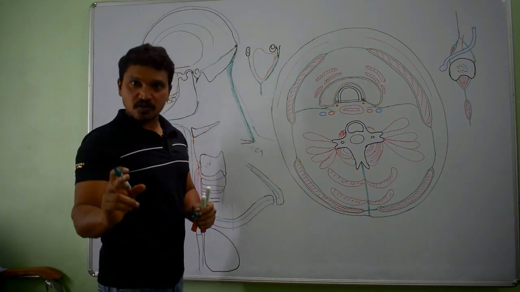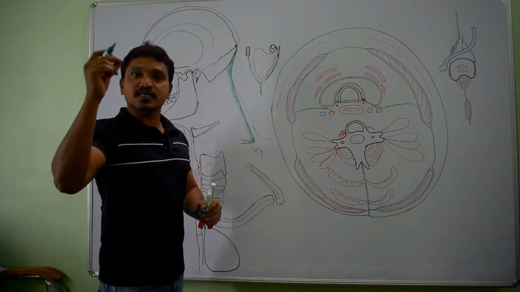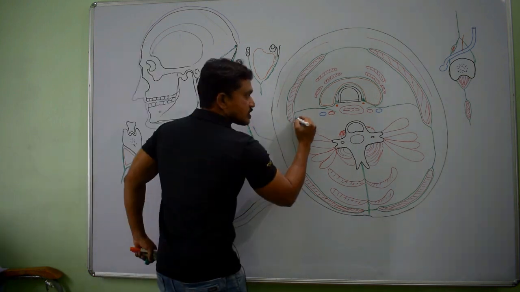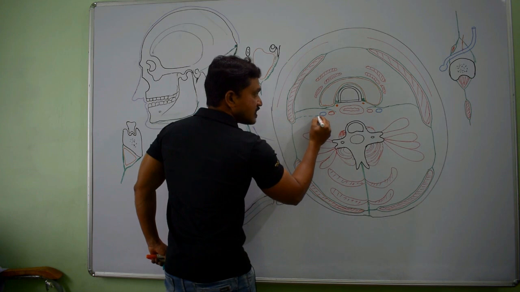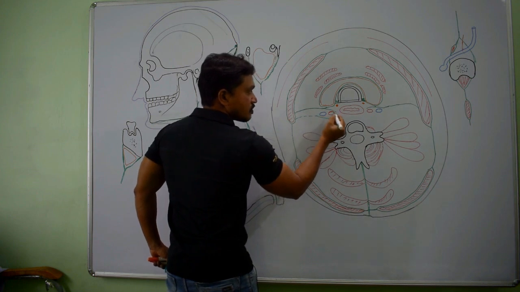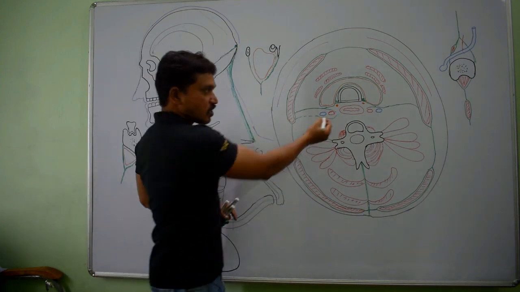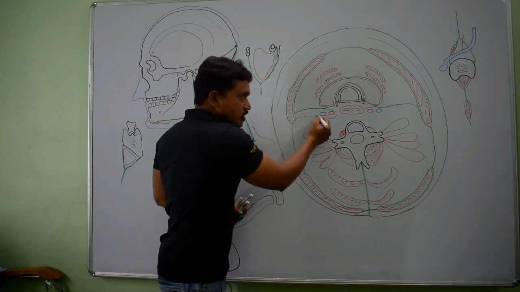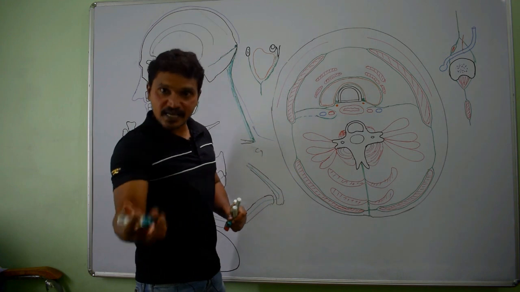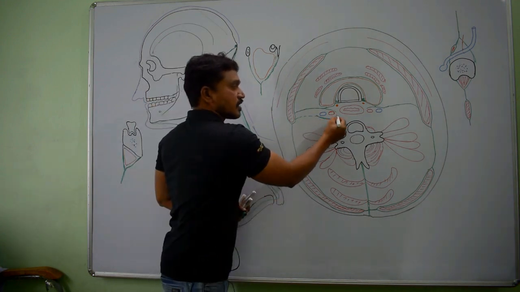The pre-vertebral layer is also extending from the investing layer of deep fascia. So it comes like this and it forms the posterior wall of what? Carotid sheath. So the anterior wall is formed by the pre-tracheal layer, and the posterior wall is formed by the pre-vertebral layer.